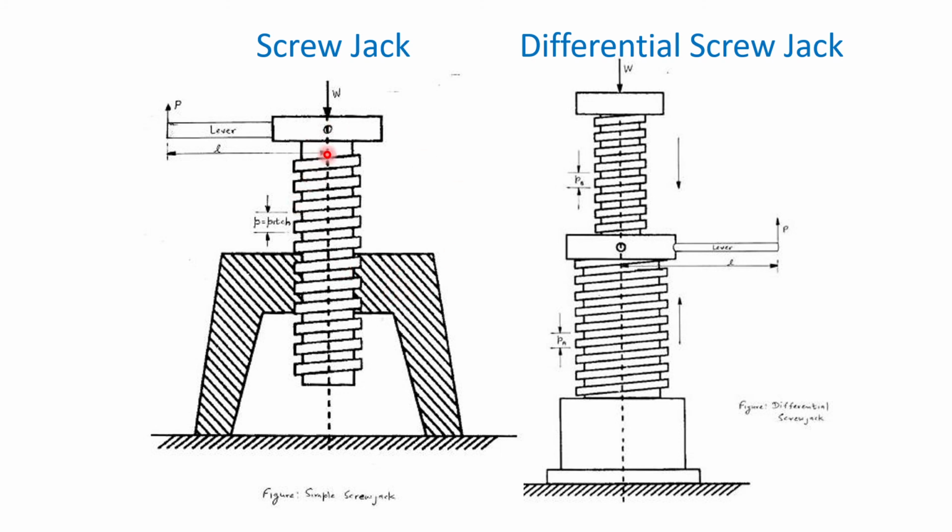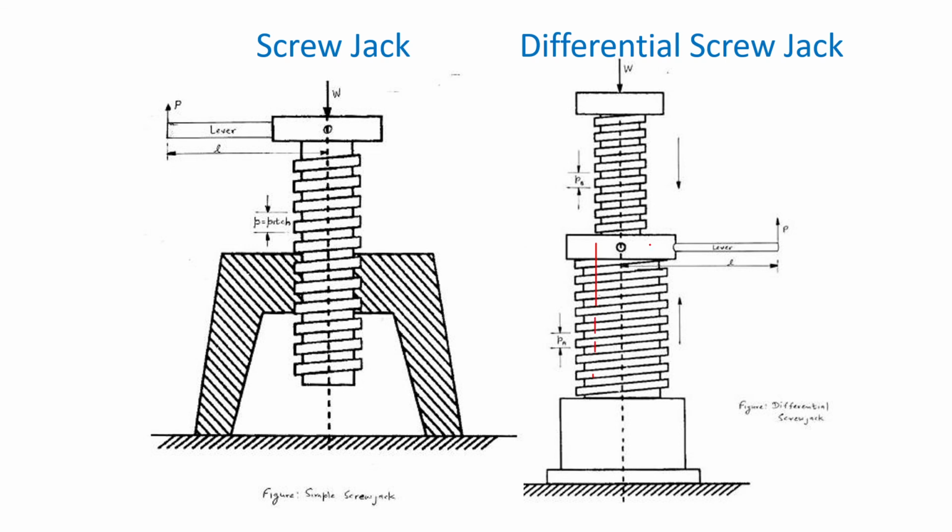So beside the simple screw jack, there is another category of the screw jack. You can see here, it is a larger square thread screw jack, in which internal threads are created, and inside those internal threads, this particular square thread is fixed.